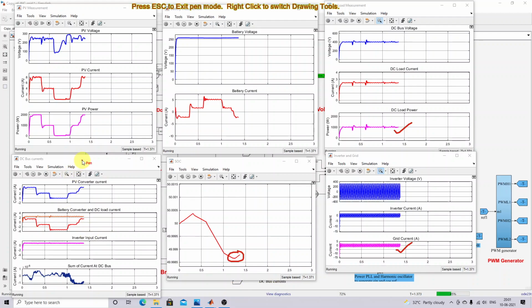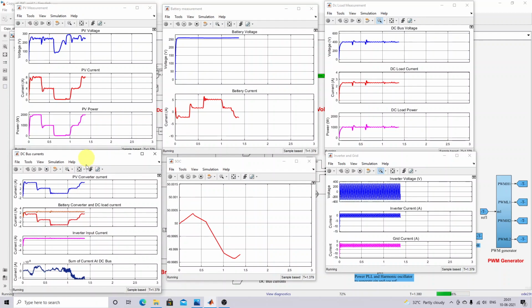So this is known as power balance in the DC bus. This one indicates the PV converter current. This brown color indicates the DC load current, and the red color indicates the battery converter current. This is the inverter input current. And this is the final algebraic sum of all these currents.